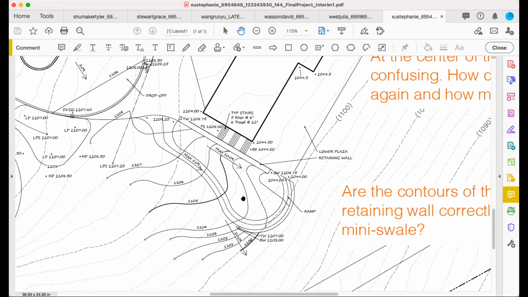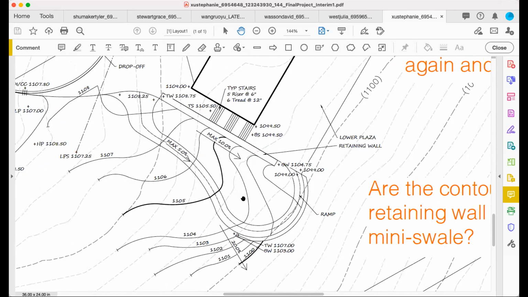Just real quick about the design. I was thinking about putting a feature in the middle, but this is a grading plan, so I'm not sure, it's not like a design plan. Then I also put a retaining wall, made to have seating around the side to make it more of a feature. The first thing I was thinking about was putting in a design feature.